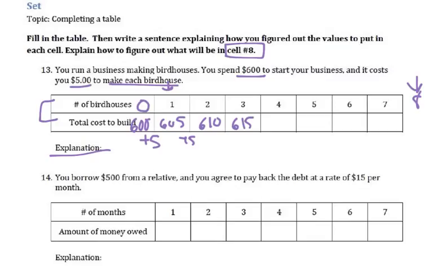We're making a table. You could make a graph. You could use any sort of model to help you figure out number 8. So the explanation would kind of be which tool, which model are you using, and how do you get there. For this one, it'd probably be very easy to just continue my table to figure out the 8th term and tell me how I used my table to do that.